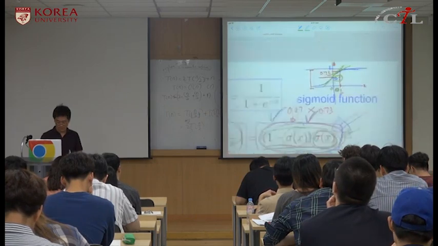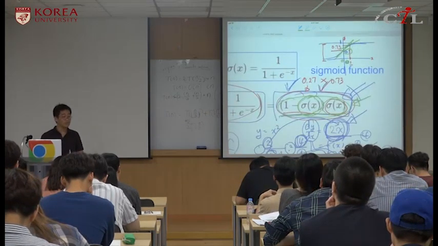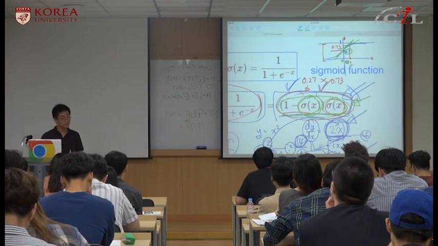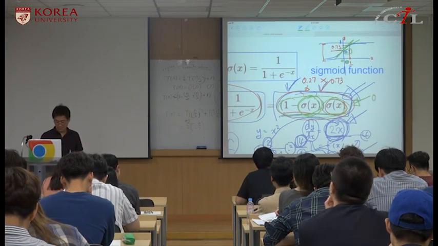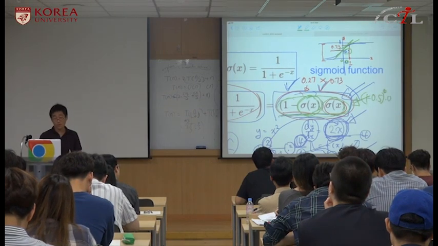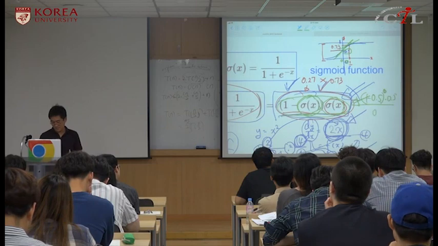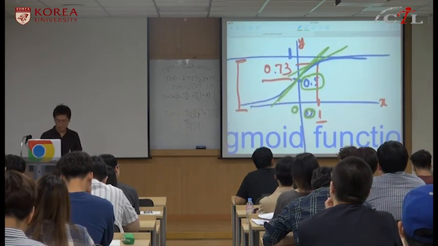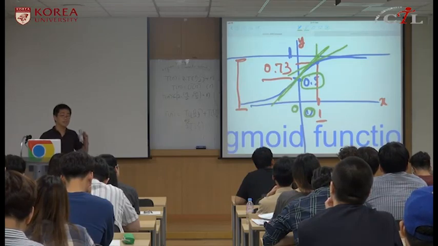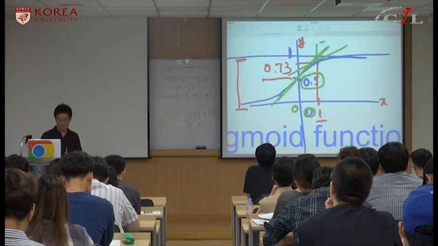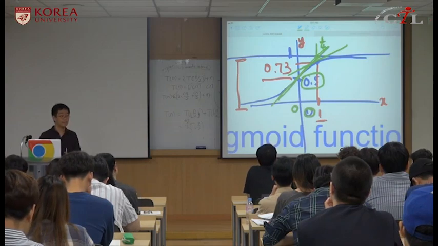So we have to plug this 0.5, our y value, into this formula. It is (1 minus 0.5) times 0.5, which is 0.25. So what is the slope of this steepest gradient part? It is only 1 over 4, right? 1 over 4.